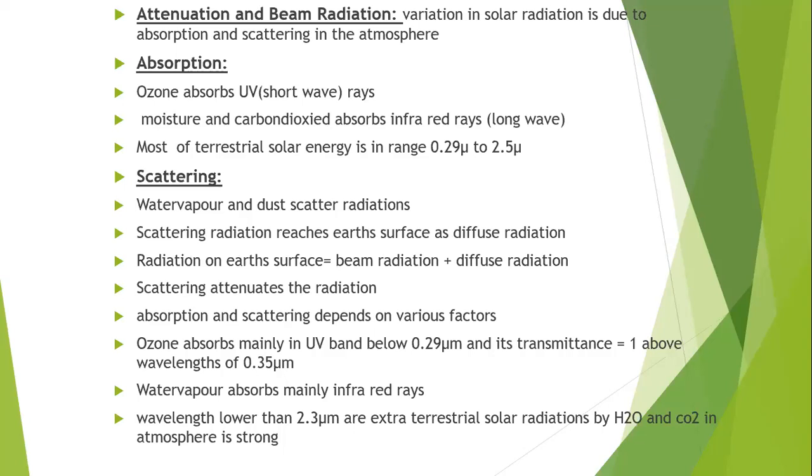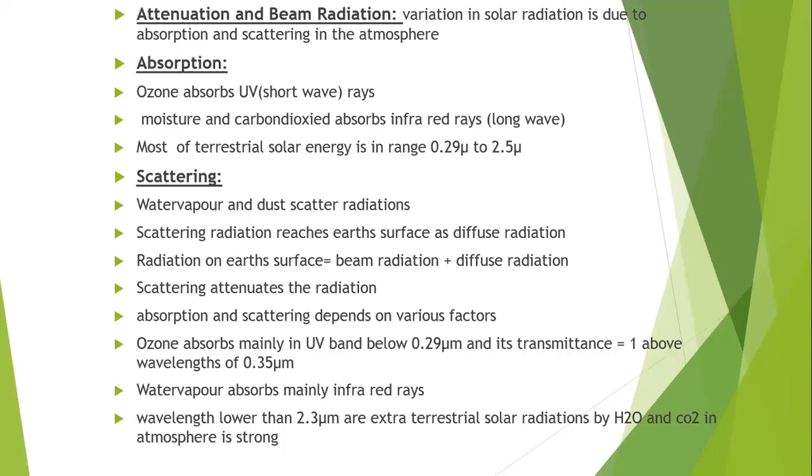These UV rays are said to be short waves, having only short wavelengths. Coming to the second type of rays, those are infrared rays. These have long wavelengths, and these long wavelengths are absorbed by the moisture and the carbon dioxide in the atmosphere.